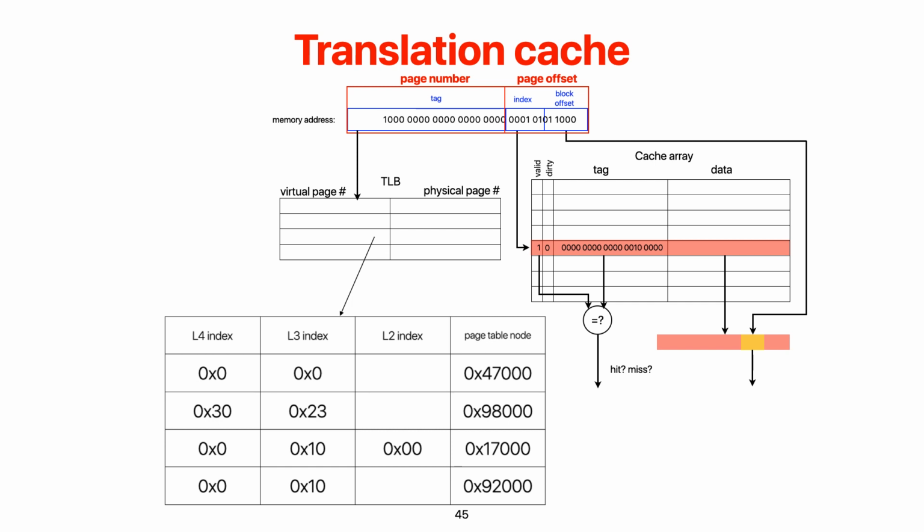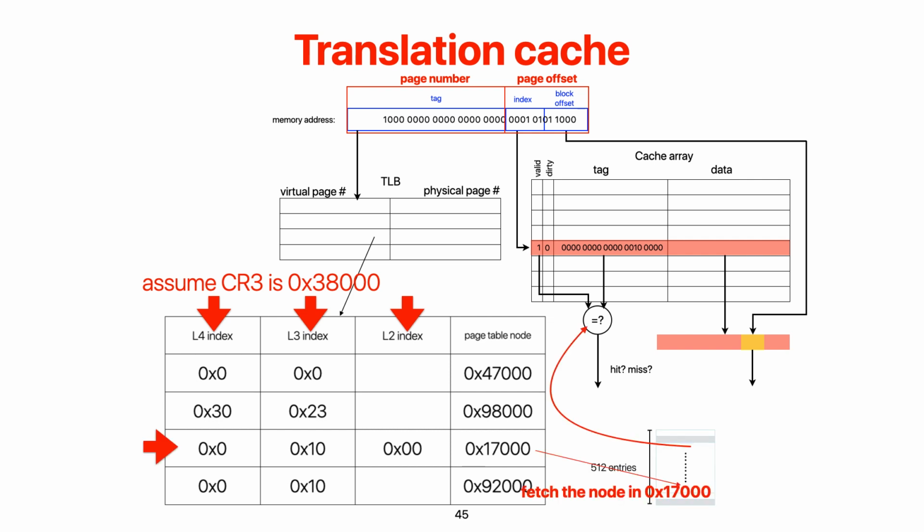So this L4, L3, and L2 is talking about the same prefix that we have in the virtual addresses. So if I have an address with 0, 10, 0 in its 3-level index, then I can directly go to the 17,000 with just one translation cache lookup, and I can fetch the node directly.